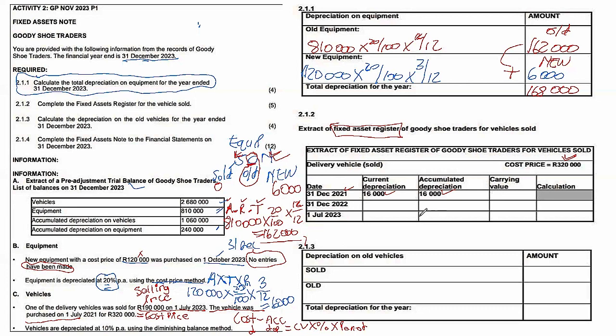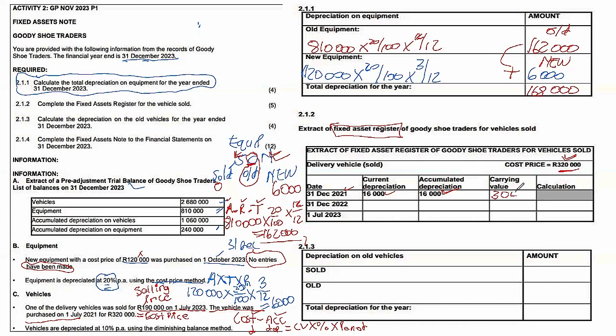Then our carrying value, remember, carrying value is cost minus accumulated depreciation. Our cost was given as 320,000, so you take your 320,000 minus 16,000 to get our carrying value of 304.